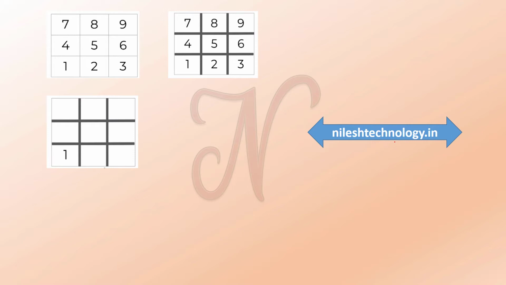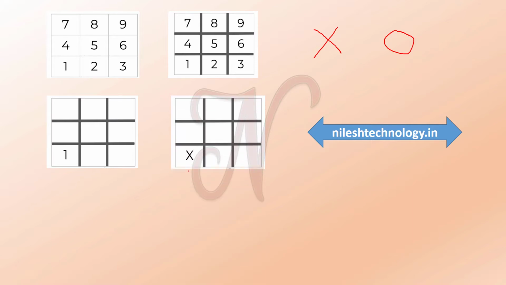So there are two players. The first player selects the marker X, then the second player's marker is O. If the first player wants the marker on this corner position, then the user presses 1 on the numpad. If the user presses 1, then see here, instead of 1, my game prints this X symbol.